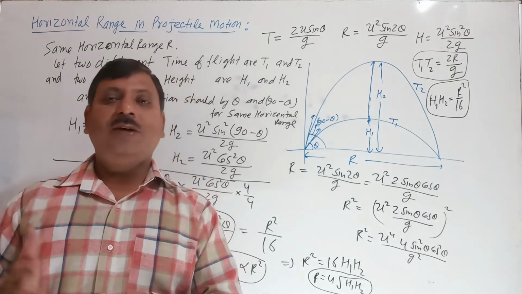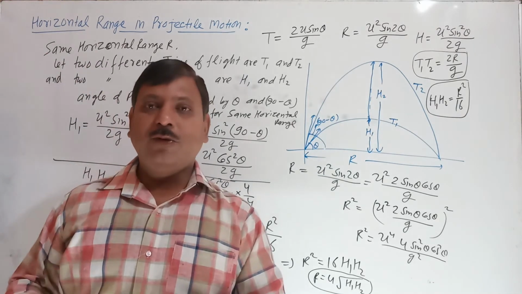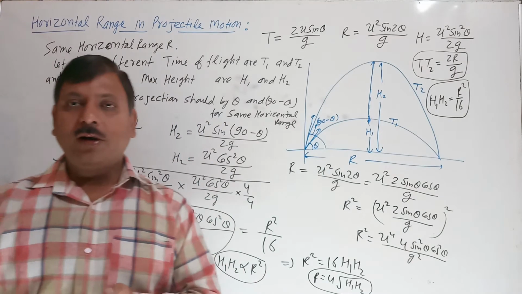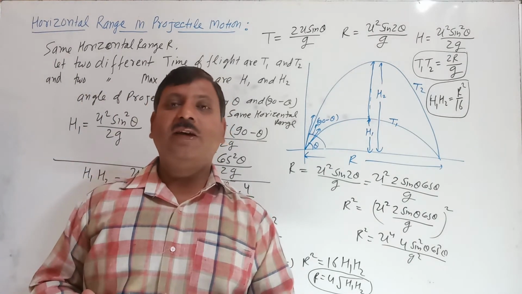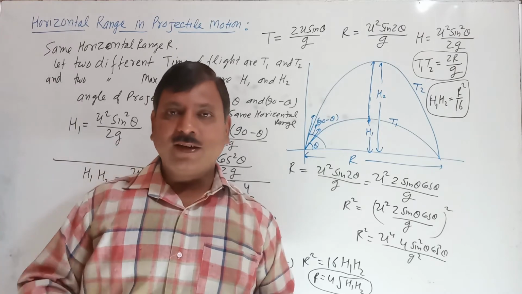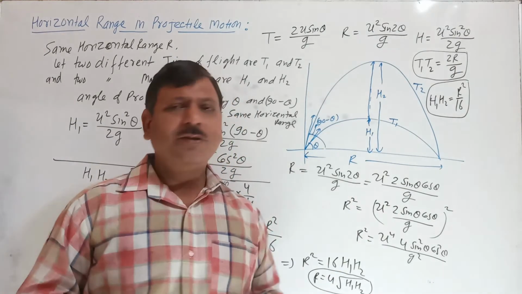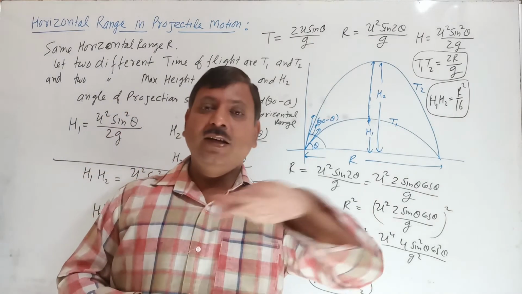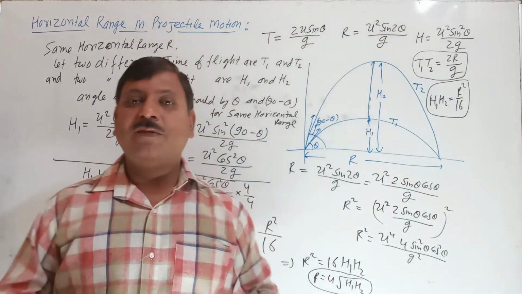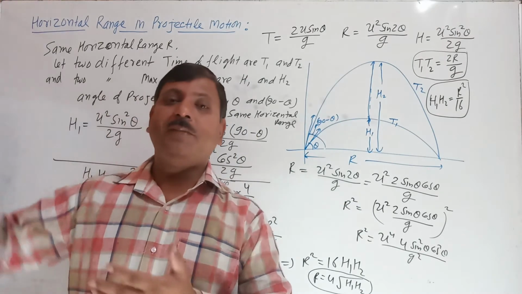Or sometimes when they throw the ball, in baseball and different competitions, javelin throw, shot put, like that competition, if the angle of projection they have taken is exactly 45 or nearby 45, then that time range will be maximum.